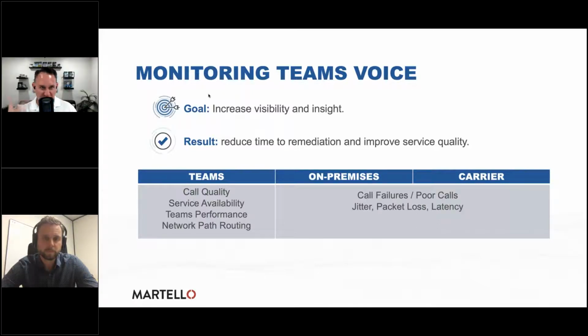Same thing with jitter, packet loss, latency, the normal things you look at with calls. And then, by looking at where the user is, who the user is, what device they're on, what client they're using, where their location is, whether they're at home, in a particular part of the country, in a particular office, who the ISP is, these criteria can all help isolate where the problem is.